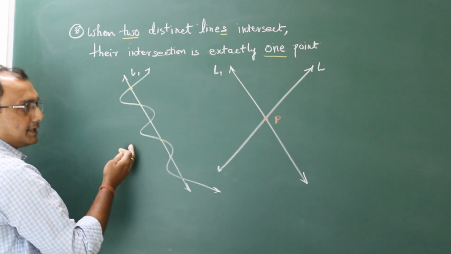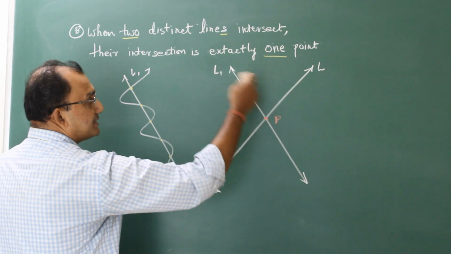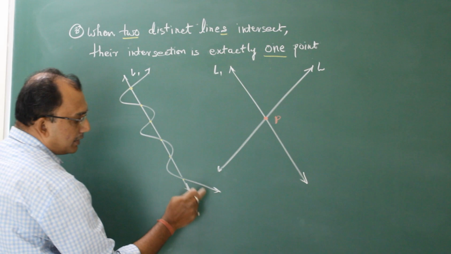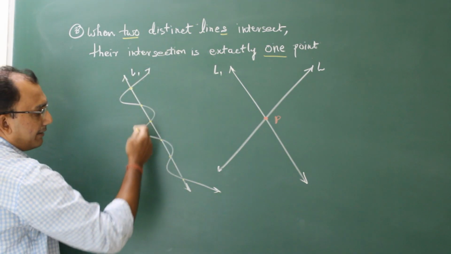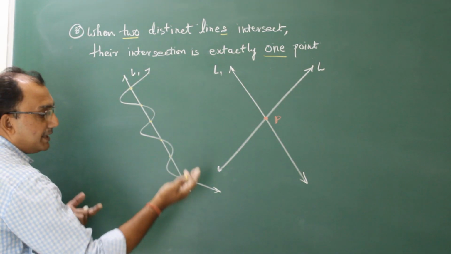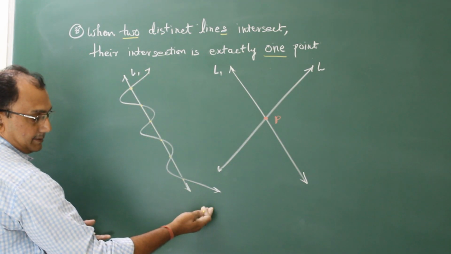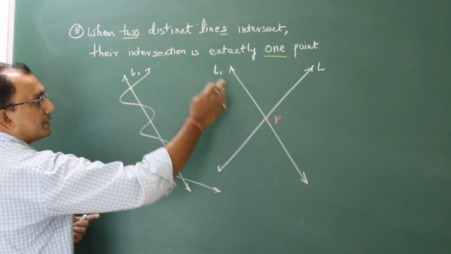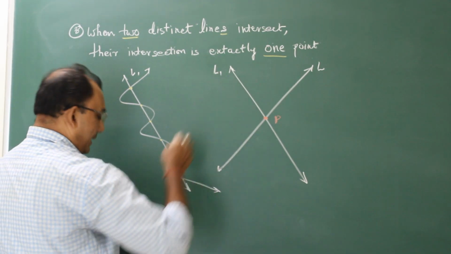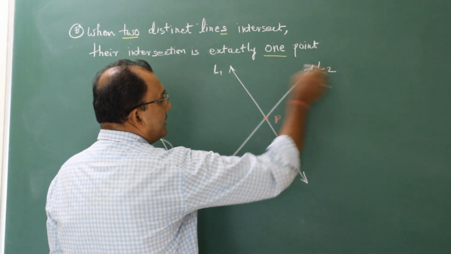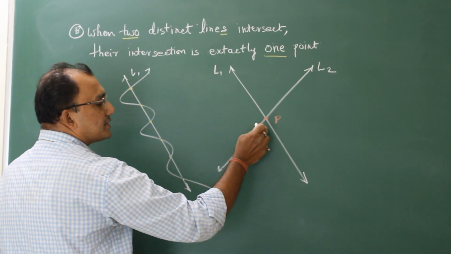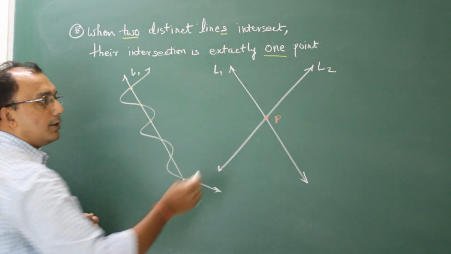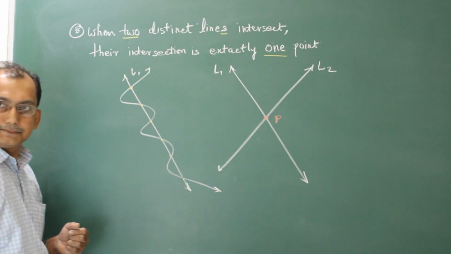Because these are said to be straight lines, the line I have drawn here cannot be defined as a line. So this is the only possible case. It is said as line L1 and line L2. When they intersect, the intersection gives rise to one and only one point.